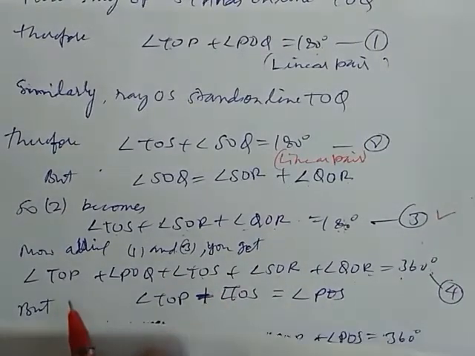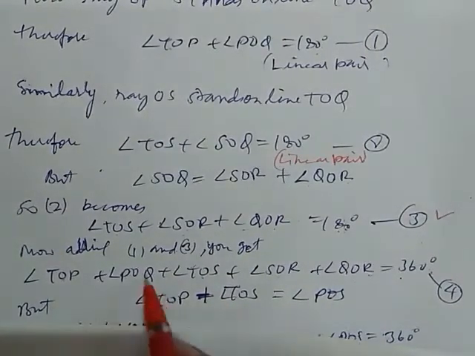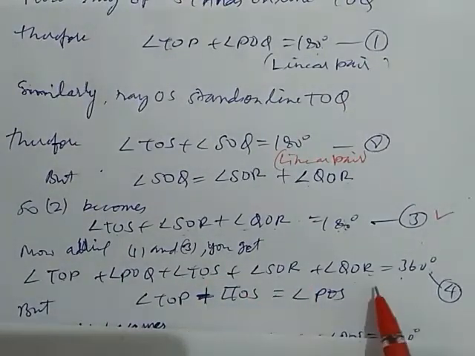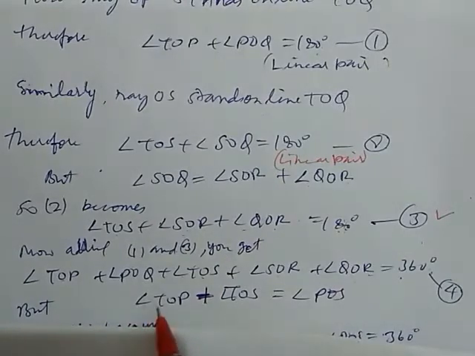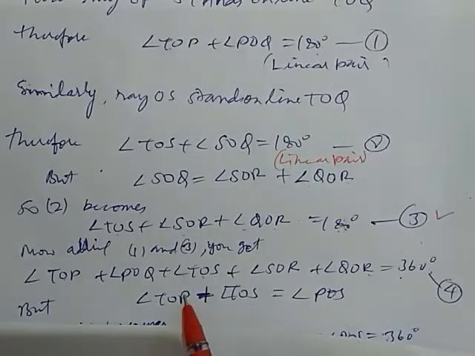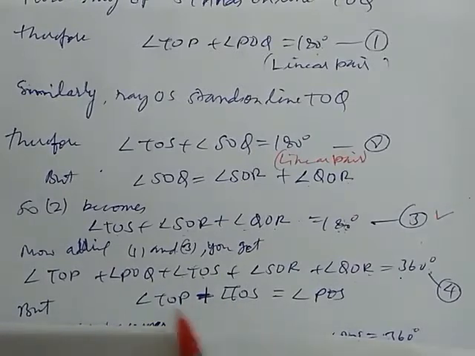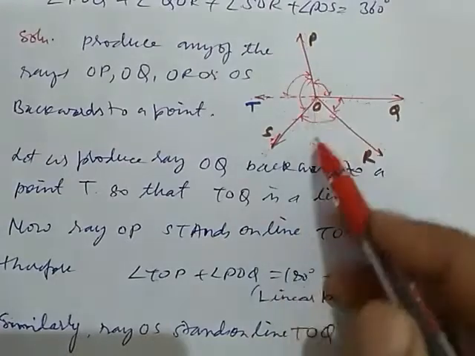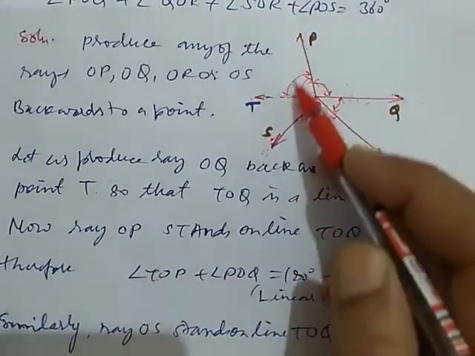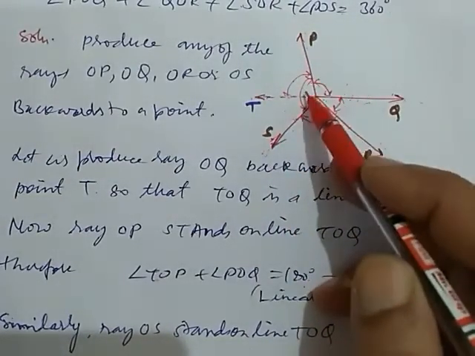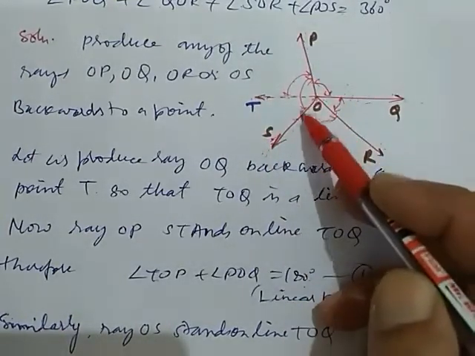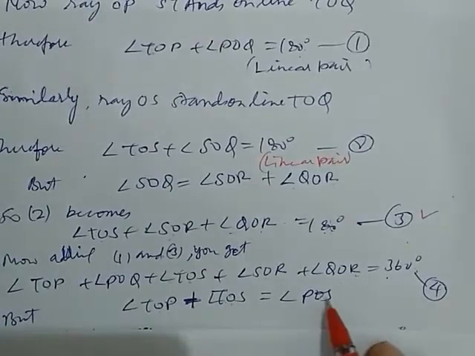Now this is TOP and POQ plus TOS. TOP and TOS form a complete angle. TOP and TOS form the angle POS. So we put the value: TOP and TOS together form the angle POS.